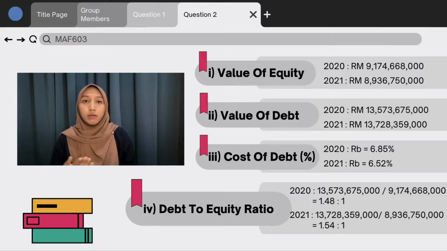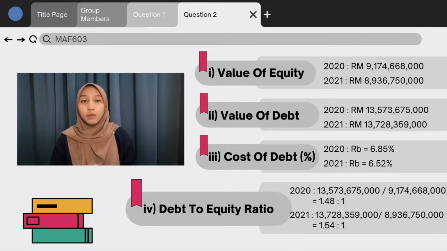For 2020, we will get 13,573,675,000 ringgit Malaysia. For 2021, we will get 13,728,359,000 ringgit Malaysia. For third Roman, cost of debt.